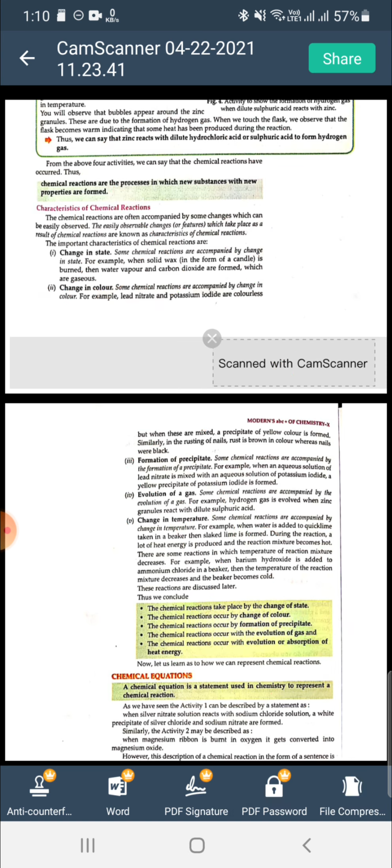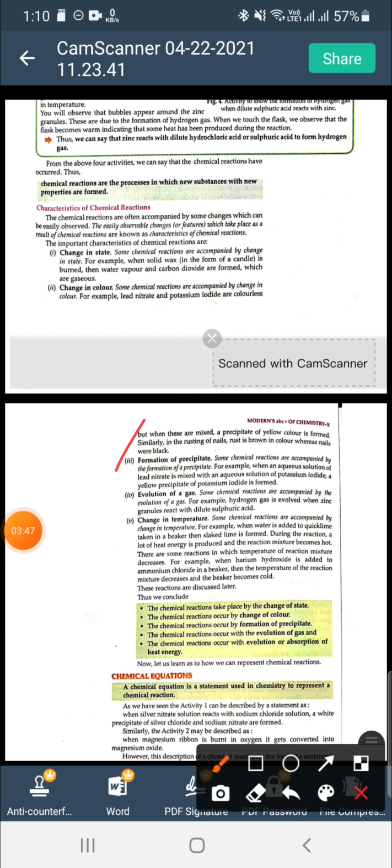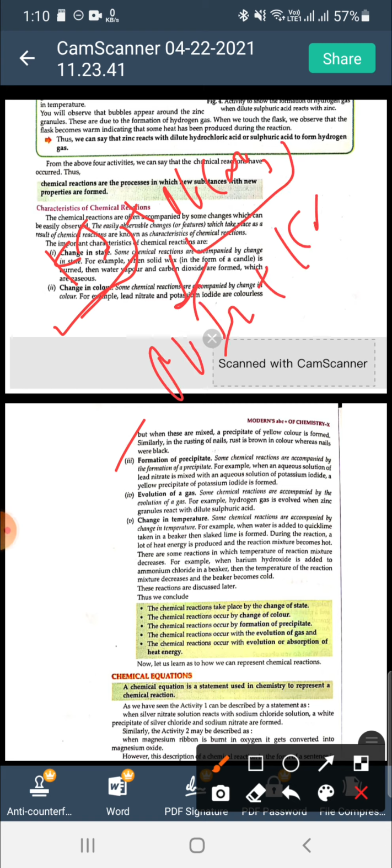Third point is formation of precipitate. In the formation of precipitate, the same example is considered. Lead nitrate and potassium iodide are taken together to form lead iodide and potassium nitrate.